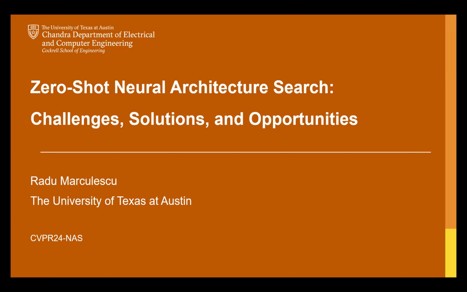So it's a hot topic within NAS, so to speak. And the basic idea at the end of the day is to use some sort of proxy or some sort of metric that can capture very well the behavior of the network and the performance metric that you're trying to optimize, let's say accuracy.